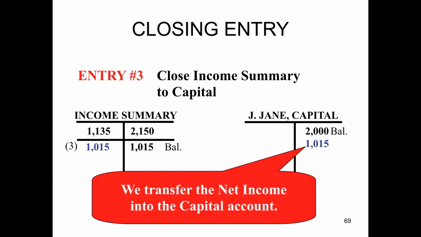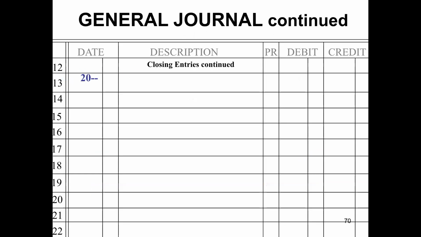Remember, net income increases capital. So that's why, as you can see here, the capital is increased by 1,015. Okay? So right now, income summary has a zero balance. Let's journalize this entry. So debit income summary 1,015 and credit Jessica Jane Capital 1,015.